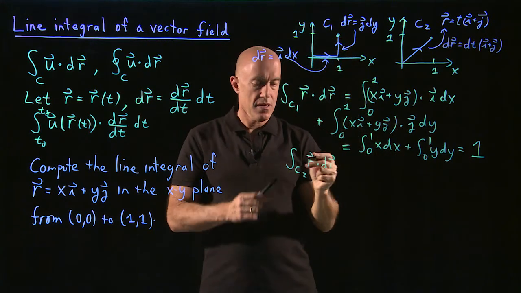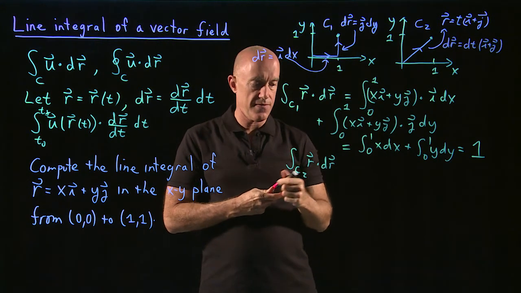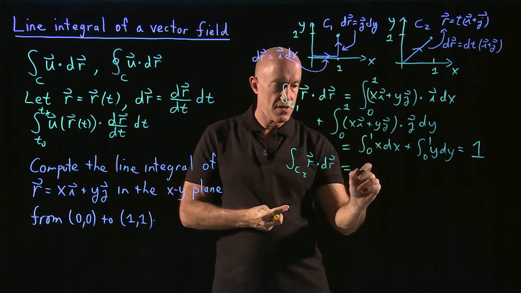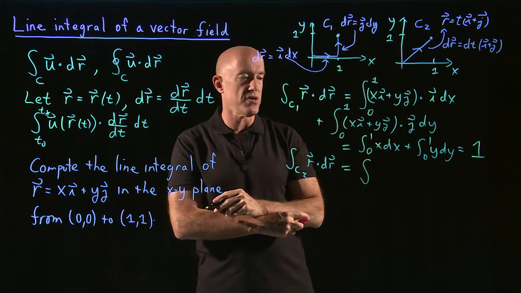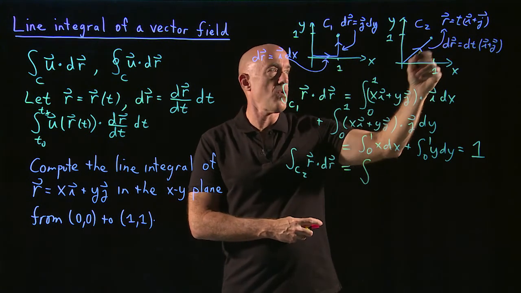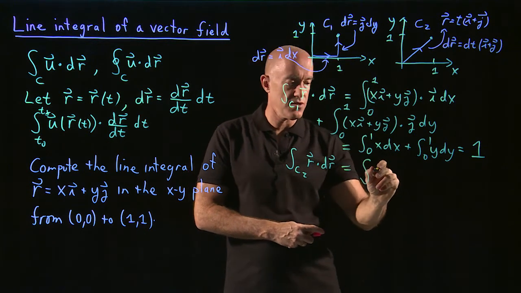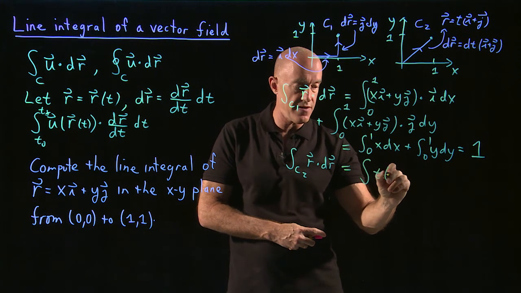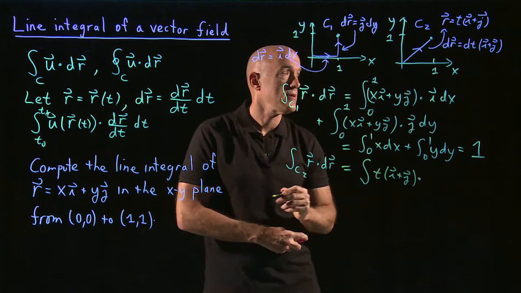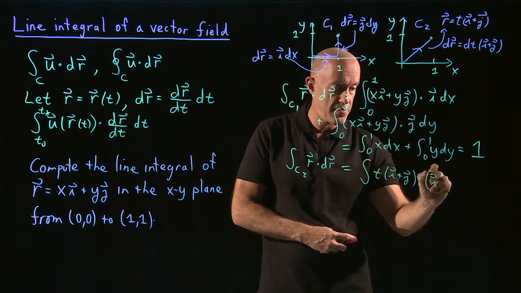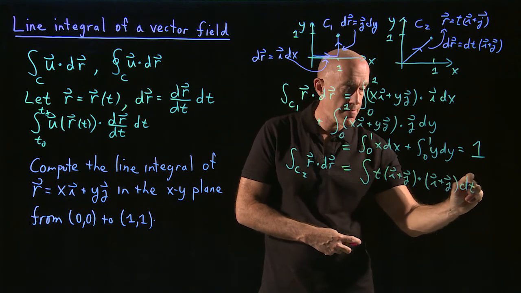So this integral is the integral along the curve, in the parameter t, which is going to go from 0 to 1, of r dot dr. Let me write that out: r(t) equals t times (i plus j), dotted into dr, which is (i plus j) times dt.